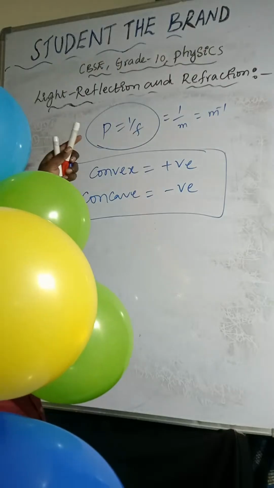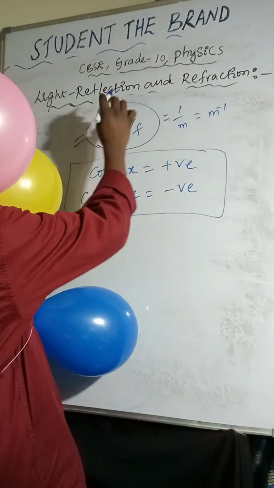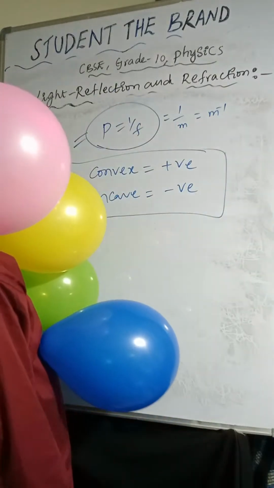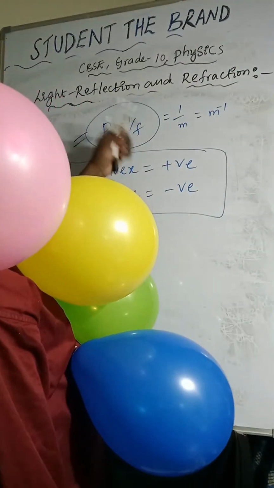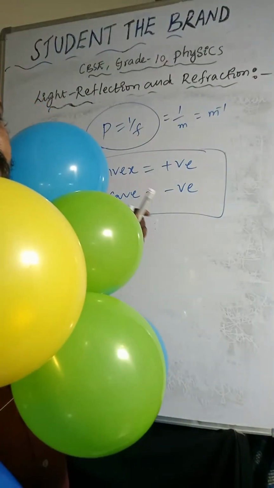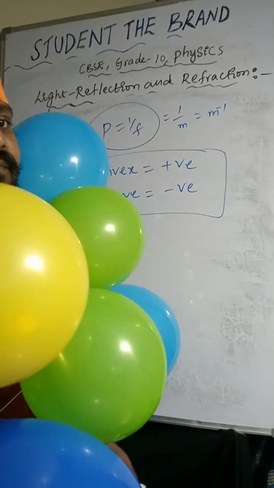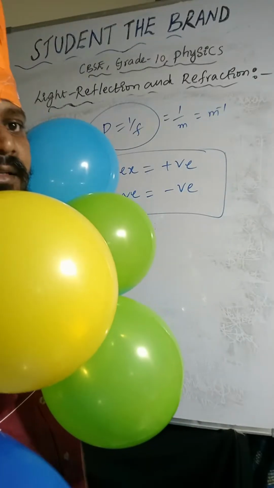So just check once: this is about reciprocal of focal length. P equal to 1 by f, that is 1 by m, or m power minus 1. Power of lens is positive for convex lens and negative for concave lens. Okay, done.